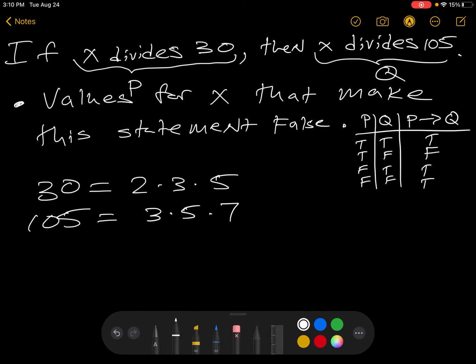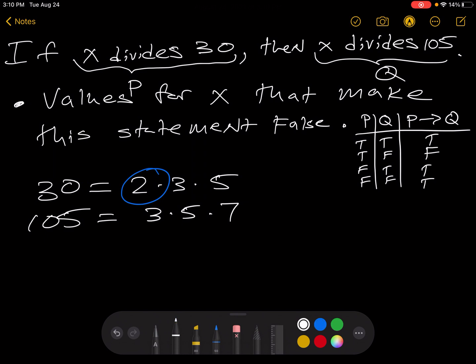So what we need is something that divides 30 but doesn't divide 105. Can you see it there? That's right. Let's choose 2. Let's choose 2 as our x value that divides 30 but doesn't divide 105.